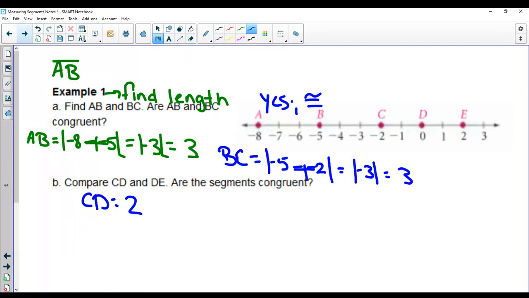D to E, 1, 2. Are they congruent? Yes. Okay, that's the ruler postulate. You can either do the actual absolute value stuff, or you can do counting if you have the number line.